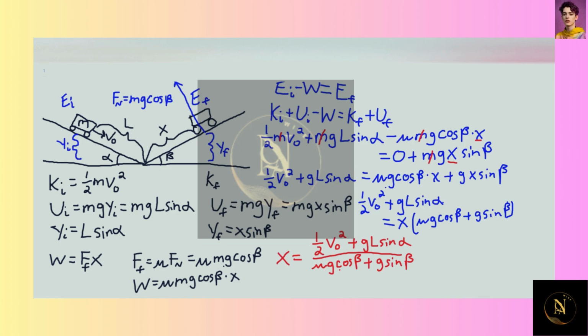You can, of course, manipulate this into a fancier form by dividing g out of a bunch of the terms, but since we're working symbolically, we might as well just leave it as it is. So there's our final value for x that I've now circled.